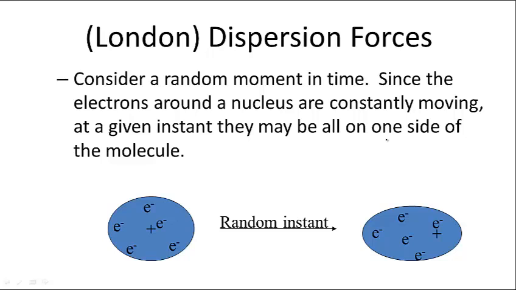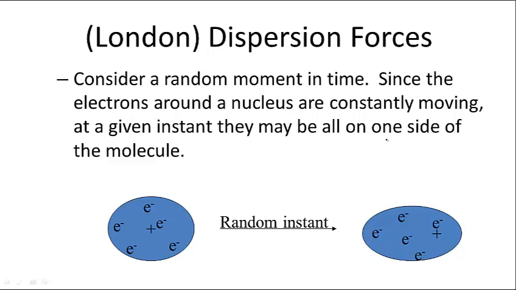Question? Okay, so the question is, why are the electrons moving? And the answer is, electrons are always moving. Everything always has some thermal energy.